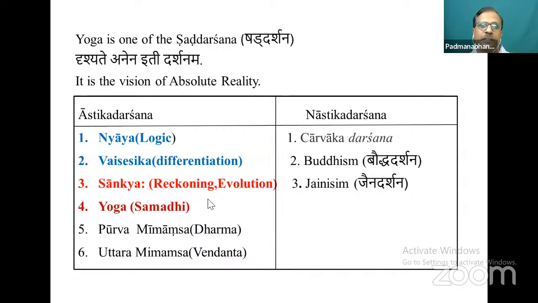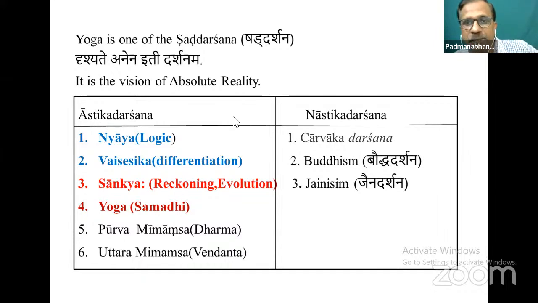Then you know that this Yoga Sutra is one of the Indian philosophies called Shad Darshanas. So there are two broad divisions of the darshana. One is the Astika Darshana and the other one is the Nastika Darshana.